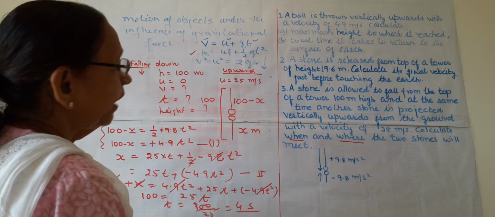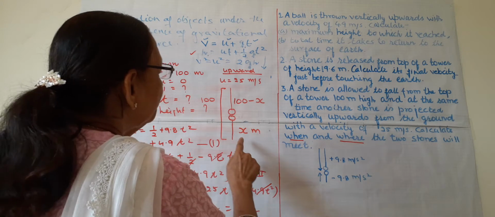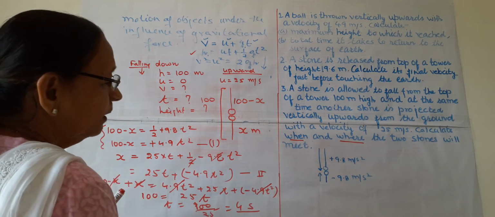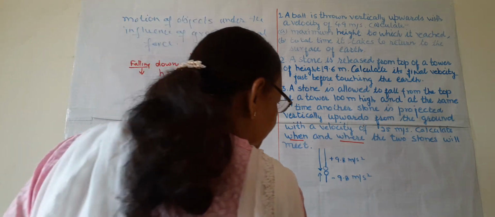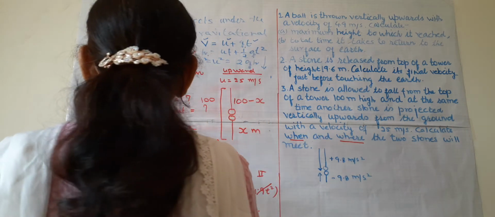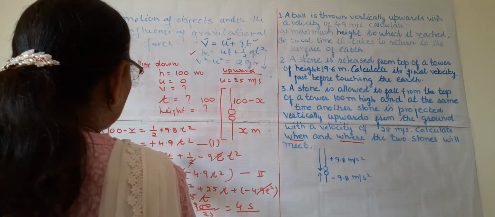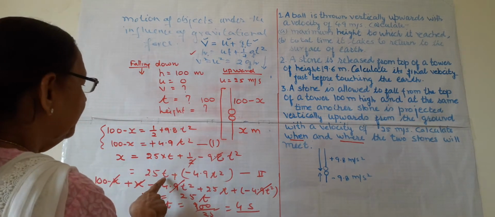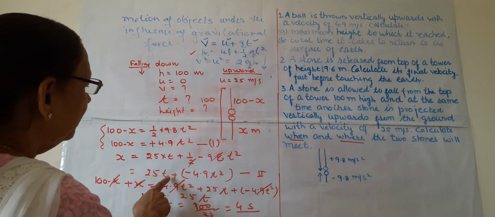Now, where do they meet? We should know the value of this x. We can calculate the value of x by taking any equation. Now we know t, so we can take even this equation, any equation we can take.